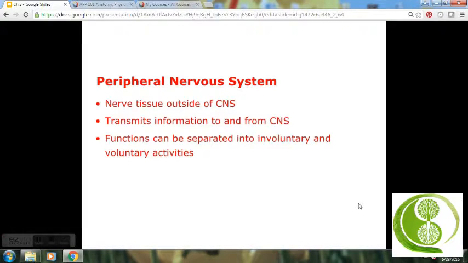The peripheral nervous system, we said, basically is everything outside of the central nervous system, so everything other than the brain and the spinal cord. It transmits information to and from the central nervous system, and its functions can be separated into involuntary and voluntary activities.